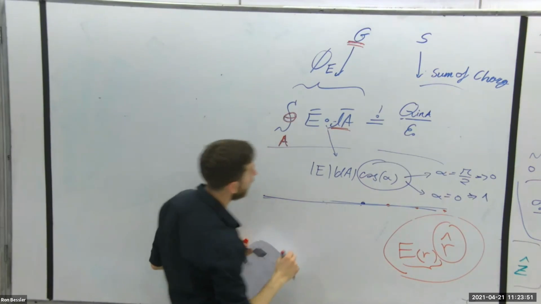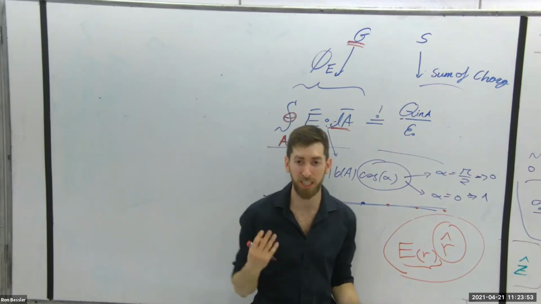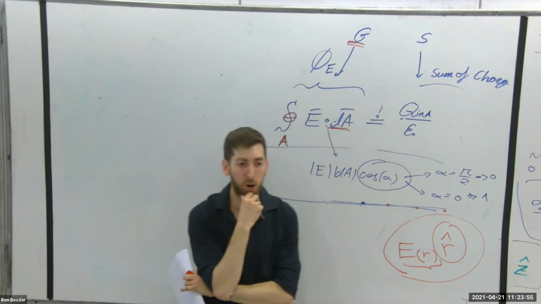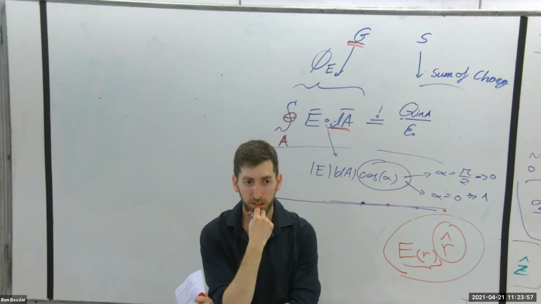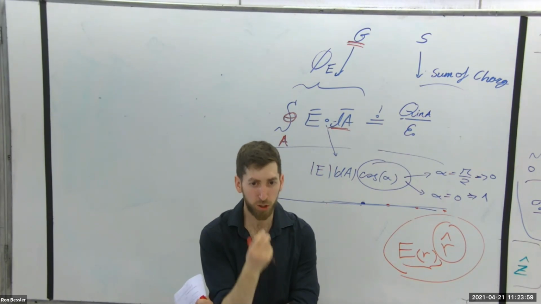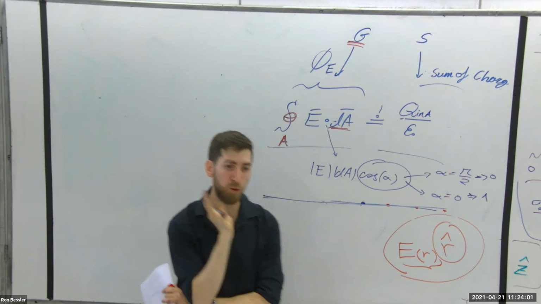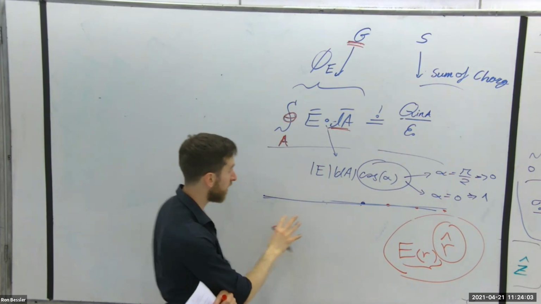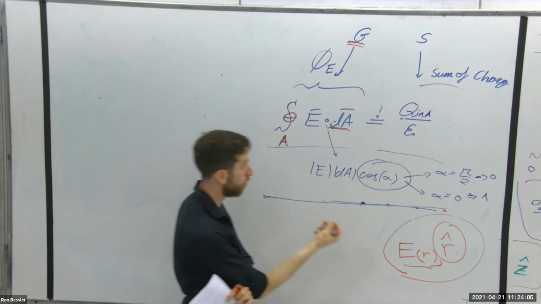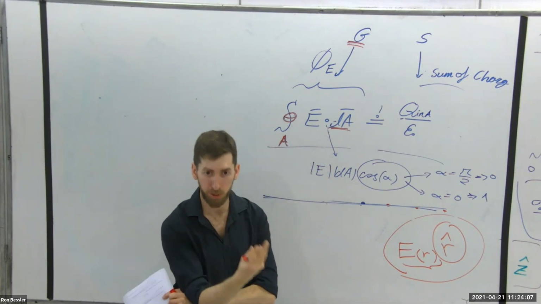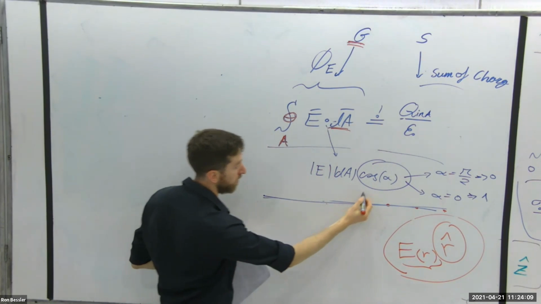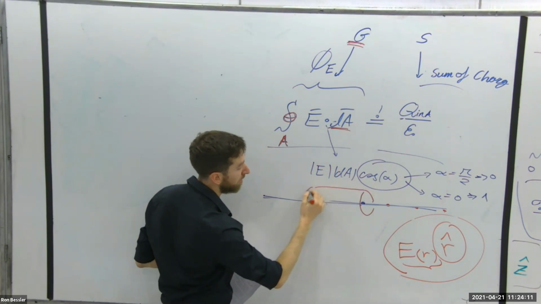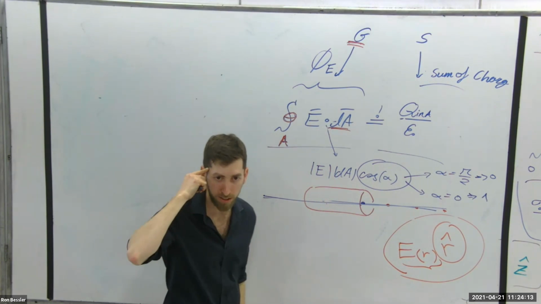So if this is kind of a cylinder, what area am I going to choose? A cylinder. This is a little hint on how to use Gauss's law. If it's a cylinder, I want to use its geometry and apply it. So if I do a cylinder, is this cylinder real or inside my head?